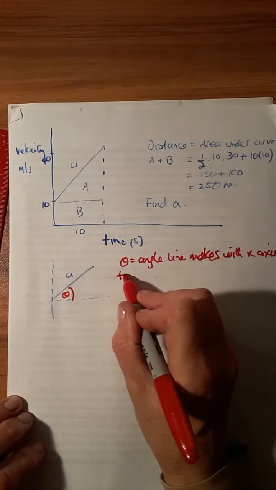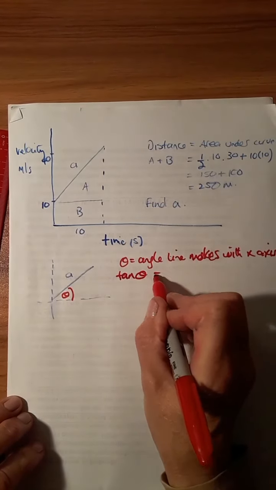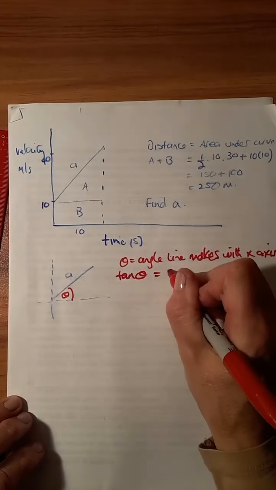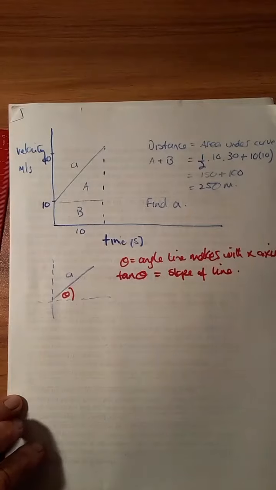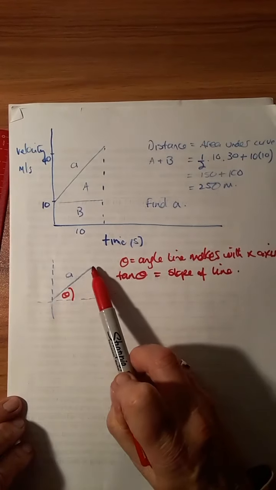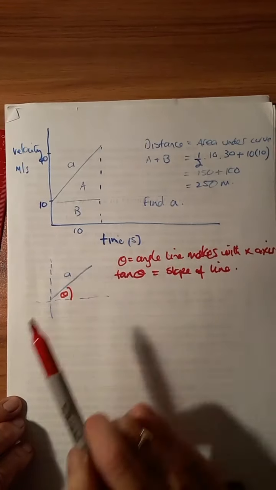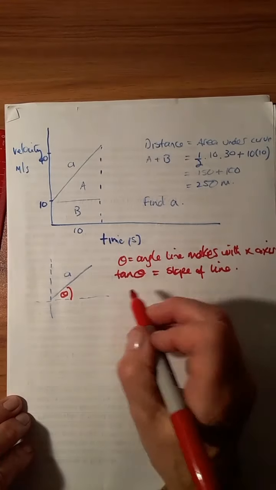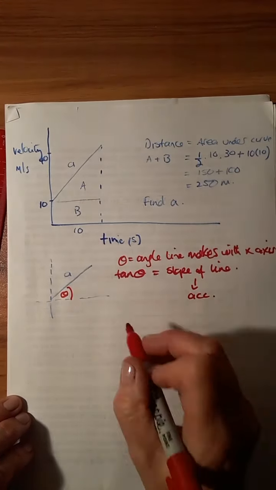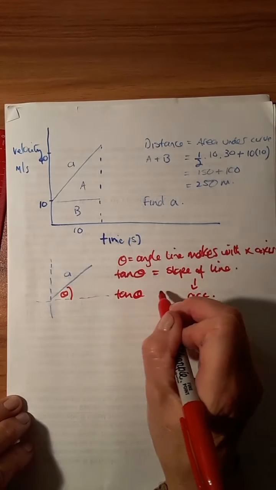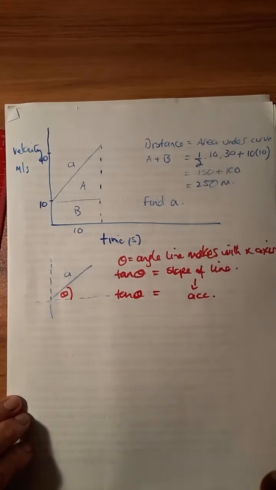The tan of that angle is the slope of the line. Now, the slope of this line here is the acceleration. So, the slope of the line is the acceleration. So, the tan of theta is equal to the acceleration.